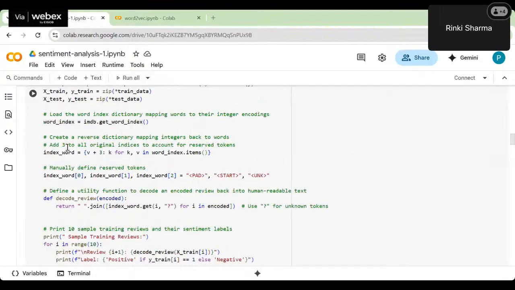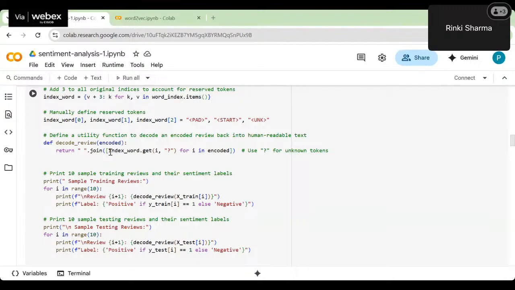Now after pre-processing the data and splitting it into training and testing parts, we will see how our data looks. We have printed 10 training samples and 10 testing samples. This is the training sample.